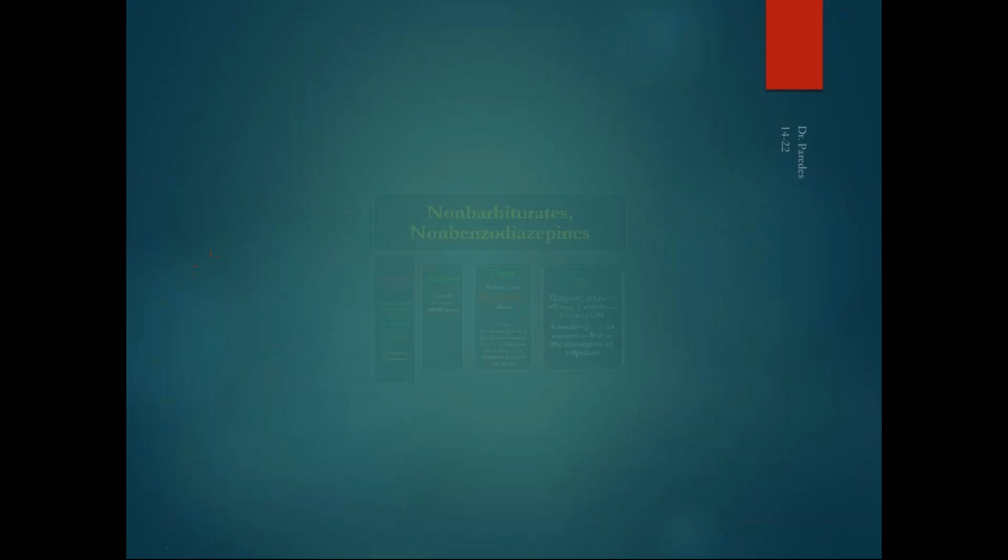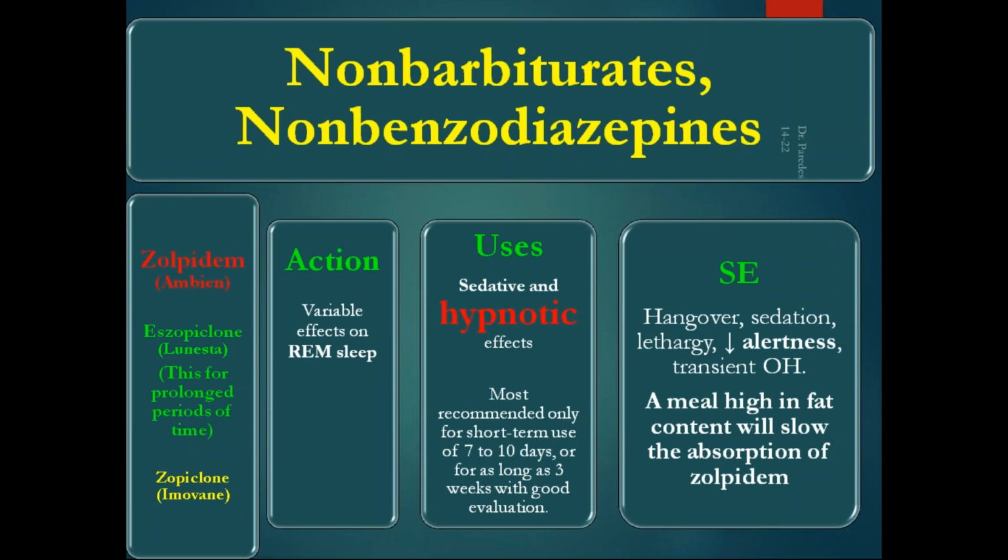So we have the non-barbiturates and non-benzodiazepines. They have a variable effect on REM, but any of these medications are going to decrease the number and the length of the REMs. Zolpidem is mostly used as a hypnotic.